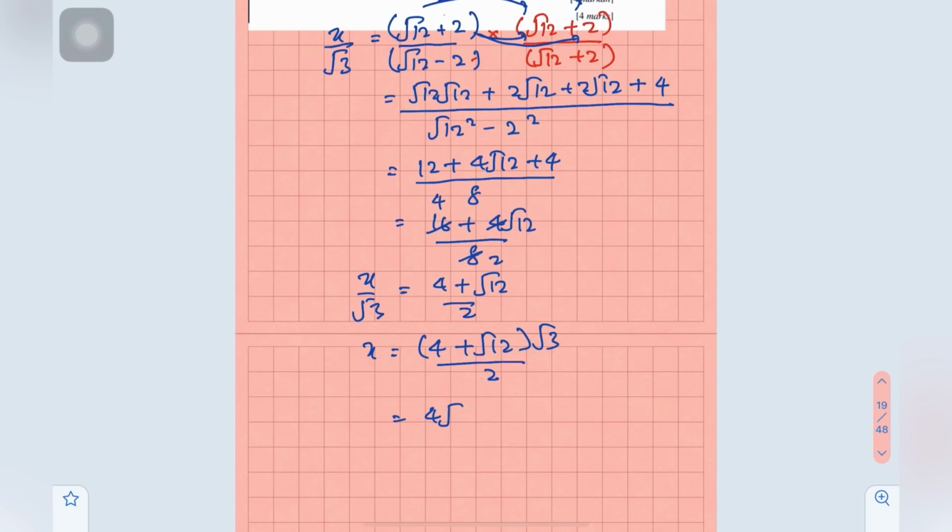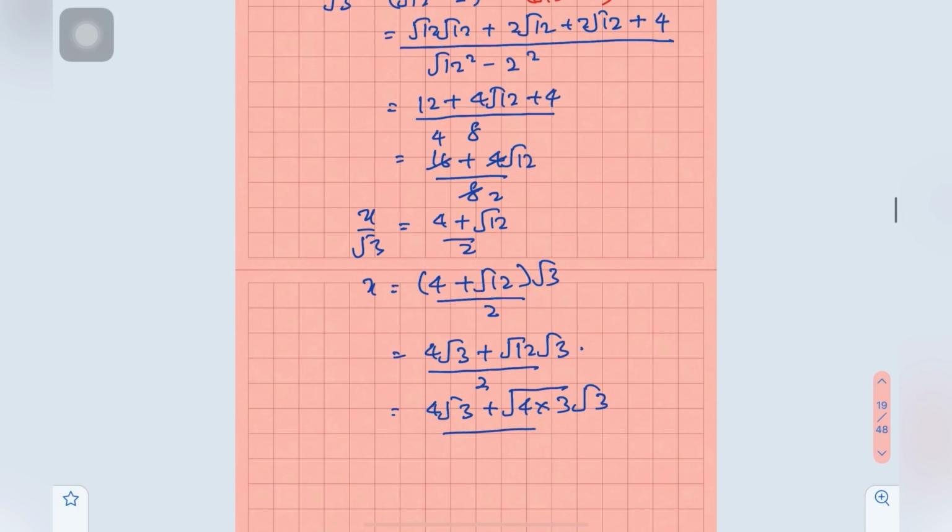Become 4 root 3 tambah root 12 root 3. Okay, ni 12 ni kita boleh kecilkan lagi. Kalau ada kalkulator senang ni. Kalau tak ada macam ni lah, kita kena buat satu persatu. Okay, so this one 4 times 3, root 3. Okay, so over 2.